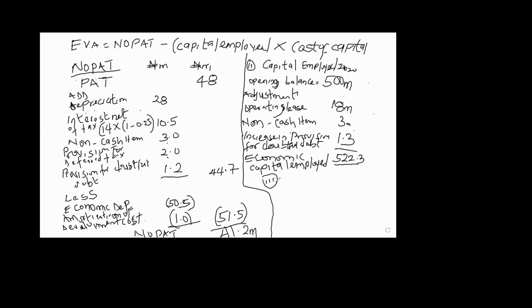Non-cash items mean no cash, that means our cash flow for 2020 is not reduced or affected. Your cash is part of your current asset, and your current asset is part of capital employed. So that 4 million is for 2019. Is that clear, sir? Yes, sir.